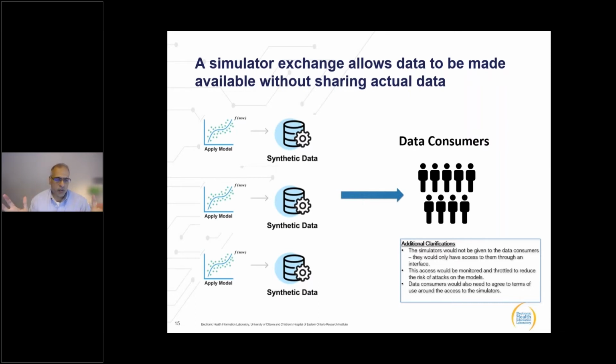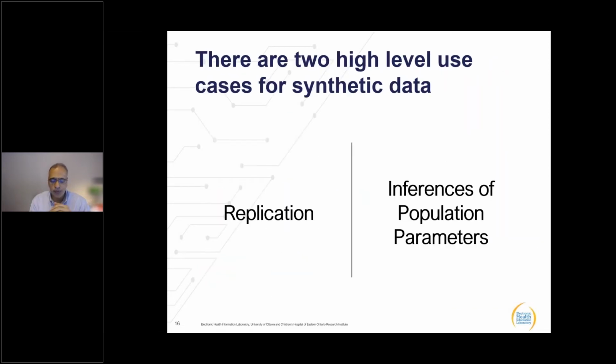So conceptually, this works very well, and we've had some great successes with this over the last couple of years. But we can always come back to the same set of questions, and I'll try to address some of the basic questions, and then we'll switch to privacy and utility afterwards. So when you are creating synthetic data, there are really two big use cases for using synthetic data. One is replication, and one is inferences.